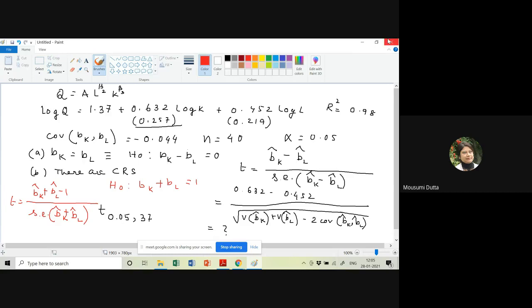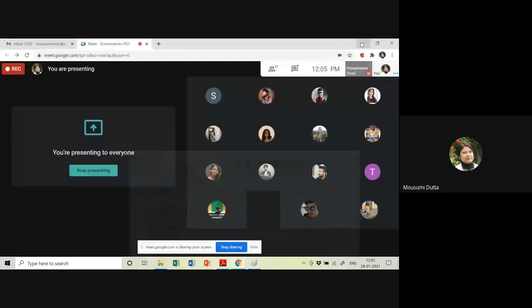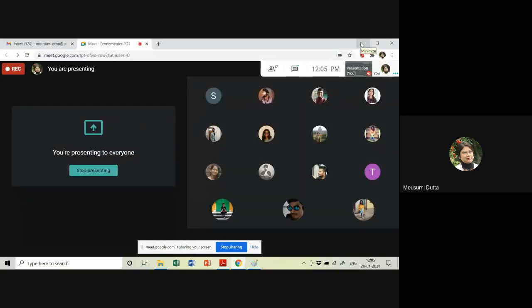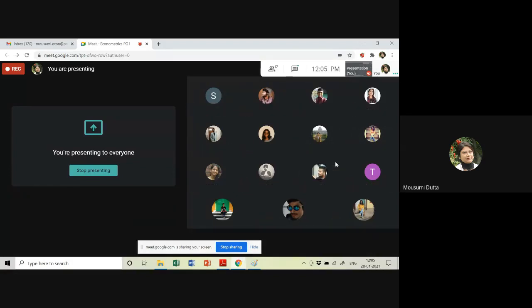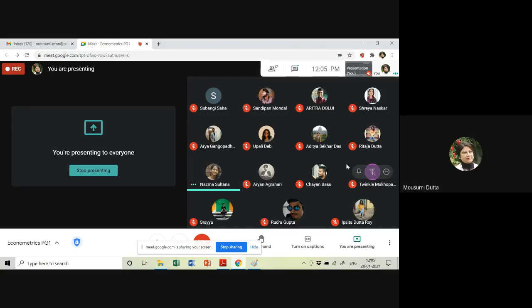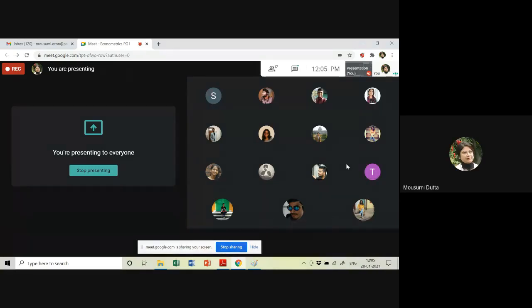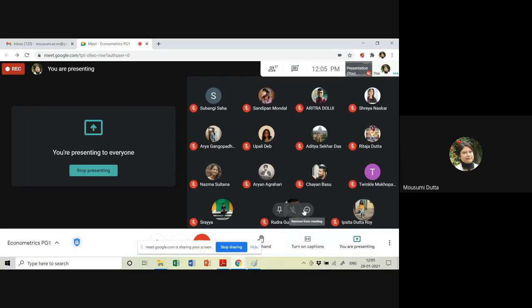So your idea? Anyone, please try to explain what will happen. Ma'am, decrease. Both R square and R bar square. Clearly give the answer. What do you expect? There are two elements, R square and R bar square. So what you want to say? Yes, Nazma.